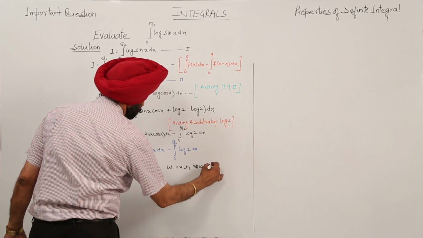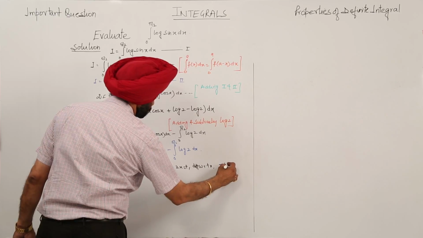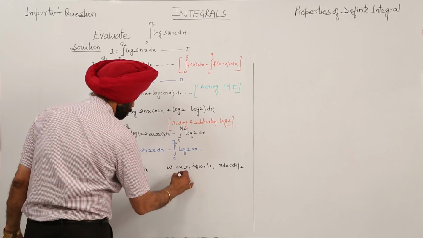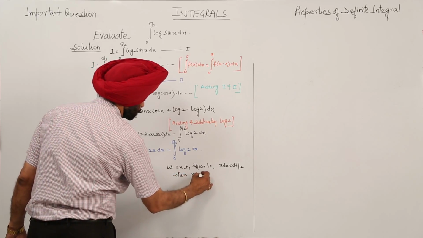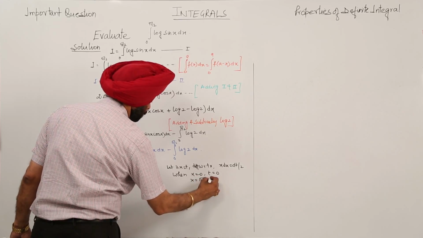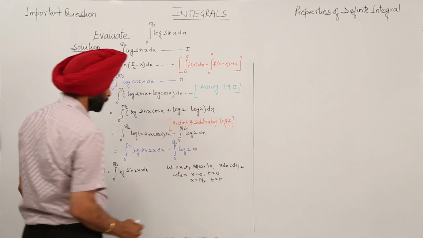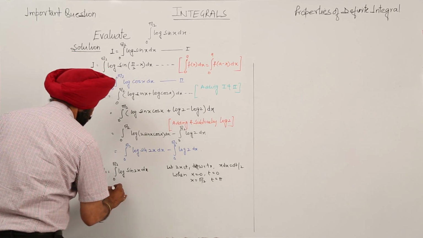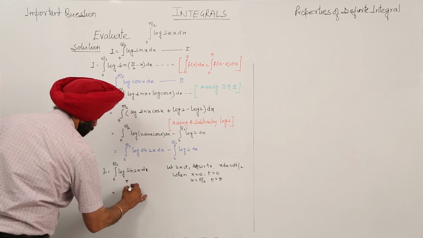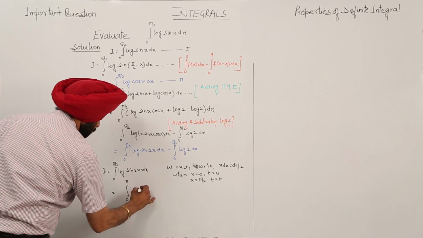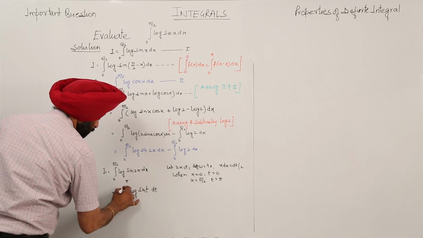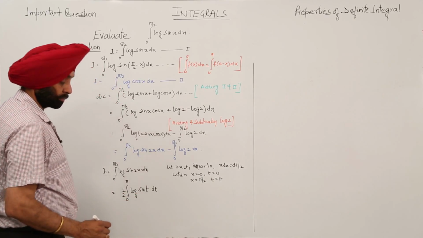Differentiating with respect to x, 2 dx is equal to dt, so dx is dt upon 2. Changing the limits, when x is 0, t is 0, and when x is pi by 2, t is pi. So the integral converts to 0 to pi log sin t with dt upon 2, so 1 upon 2 is written outside.